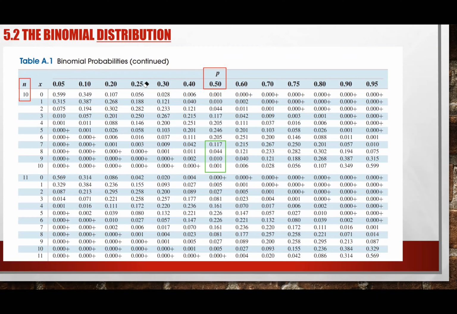There is a limitation here, because someone did it for you, but the probabilities they used are the common ones. If they have something uncommon, like 47%, we won't be able to do it.